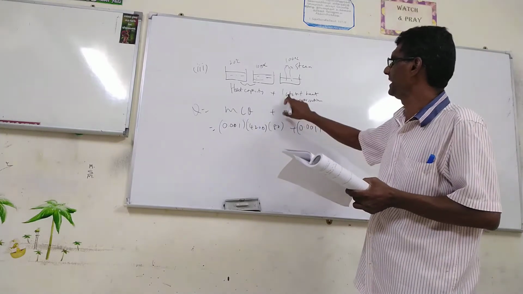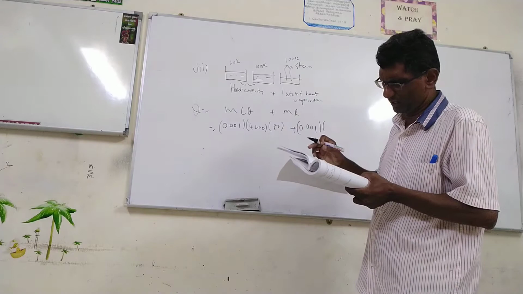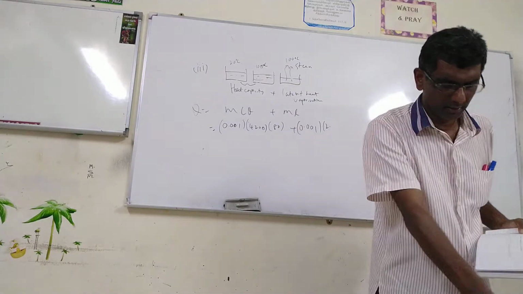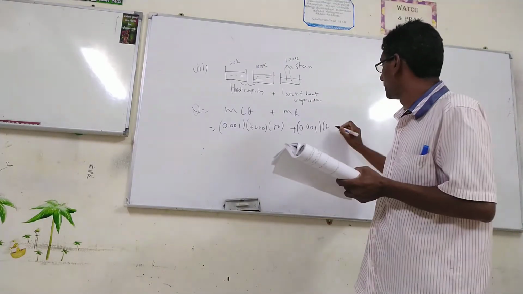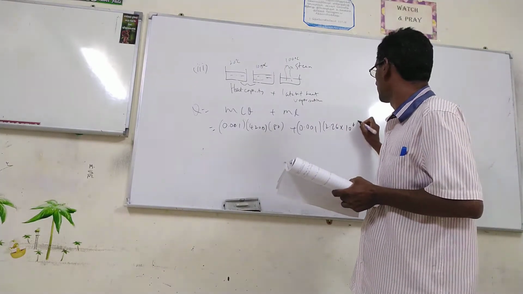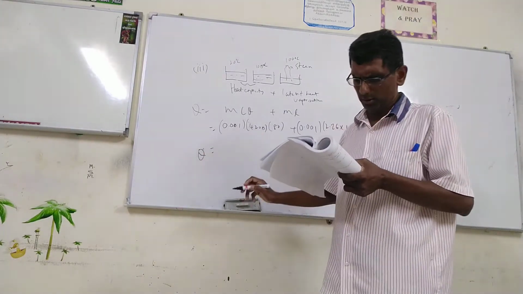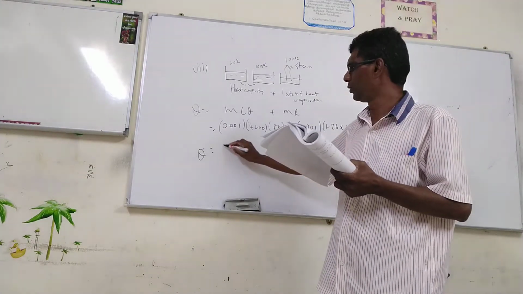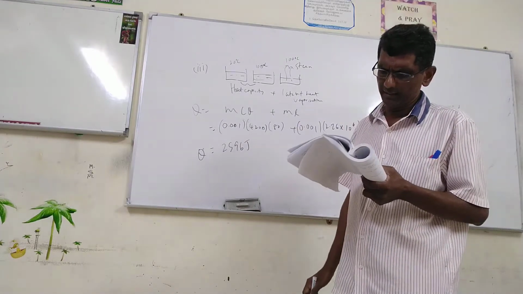L means specific latent heat of vaporization. The data given is 2.26 times 10 power 6. If you multiply this, you get Q equals 2596 Joule.